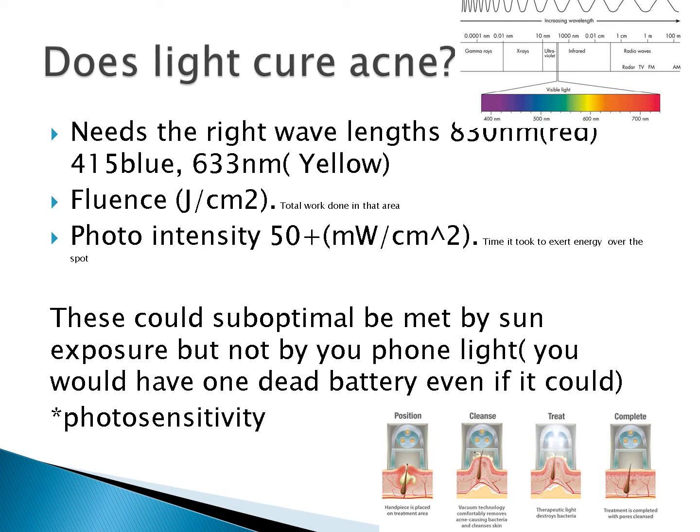There's also the 830 wavelength and the 633 wavelength that seems to have anti-inflammatory benefit. But the element that most people seem to be missing is the fact that this wavelength needs to be combined with energy over a specific area.